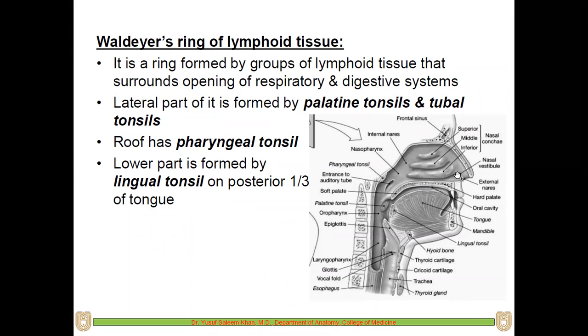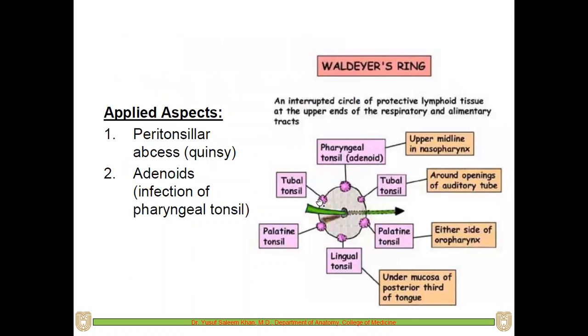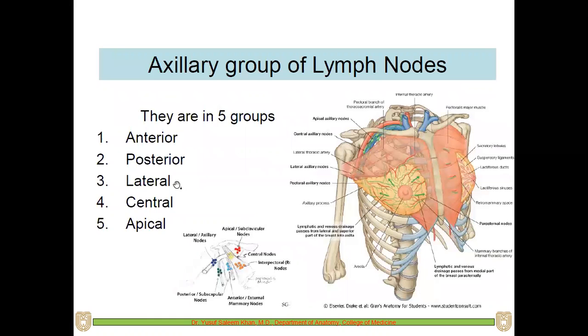The child cannot breathe, and whenever it tries to breastfeed, because it cannot breathe at the same time, it doesn't drink milk. Okay, this is especially complicated in children. So whenever these pharyngeal tonsils are infected, they are called adenoids, especially in small children. Okay, so this is about the cervical lymphatic system.